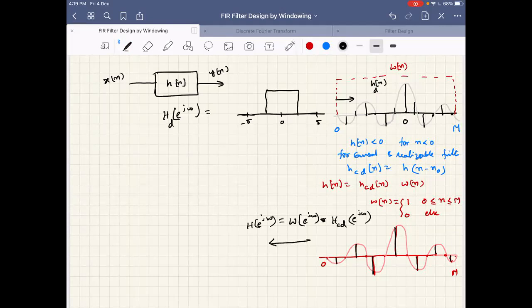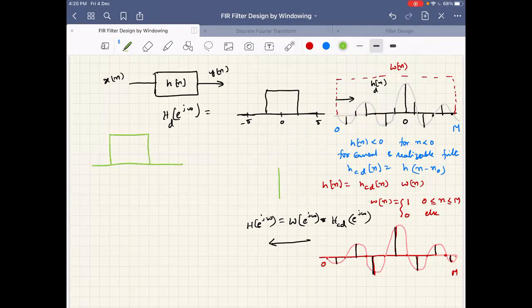And this convolution is in the frequency domain.